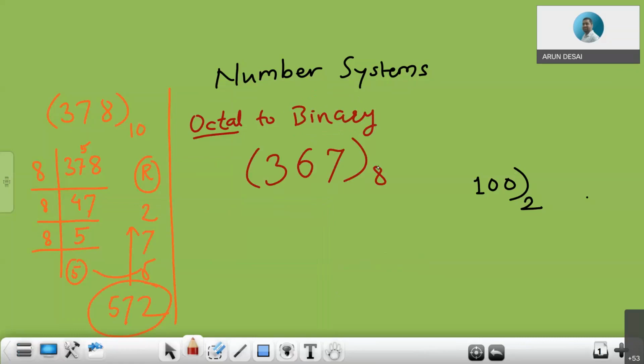This is my octal number. Convert to binary. How to convert? How to convert to binary?